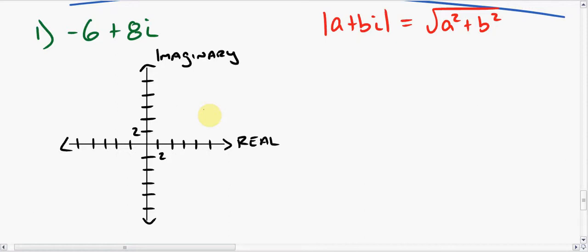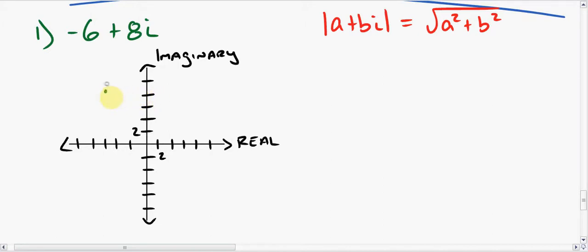And how you do that is you're starting at 0, 0, and you want to move along the real axis, which is going to give us -6. So I want to go over to -6, so it's just -2, -4, -6. And then I'm going to move up the imaginary axis by this number. So I'm over -2, -4, -6, and then I'm going to go up 2, 4, 6, 8.